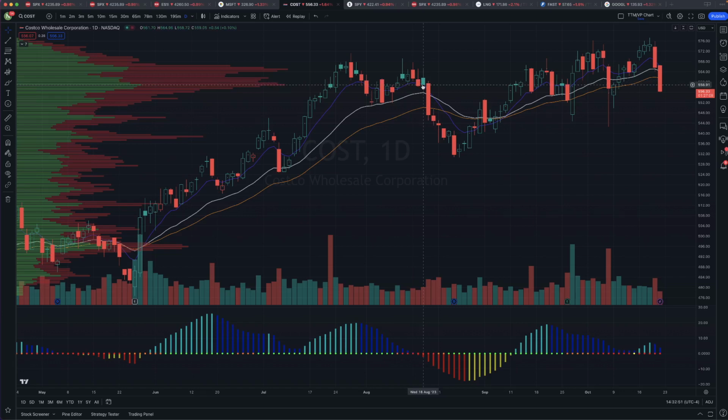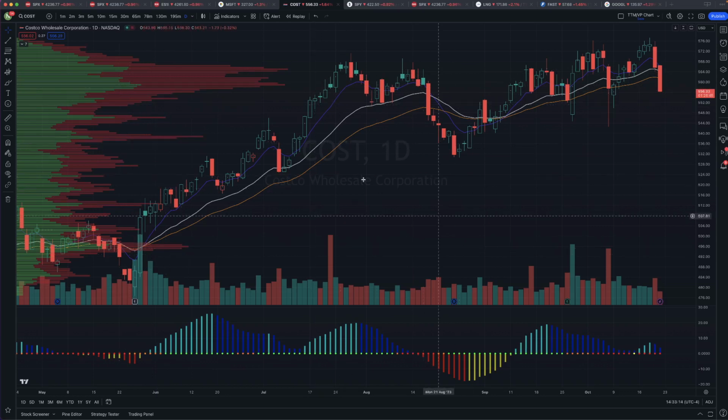Most of the other charting software will just call it volume profile. Wow, look at Costco, it's just dying. This is volume by price, and if you look at that last book I just recommended, it talks all about volume by price. Down here is volume by time. But this is volume by price, and it gives you support and resistance levels.